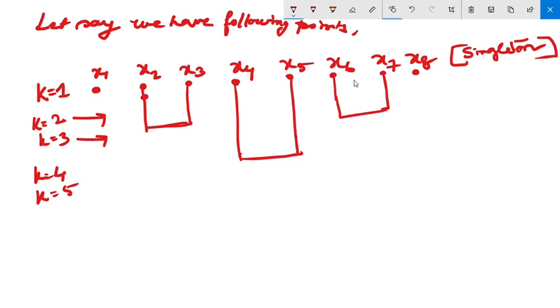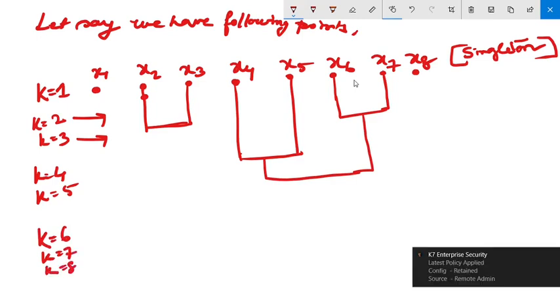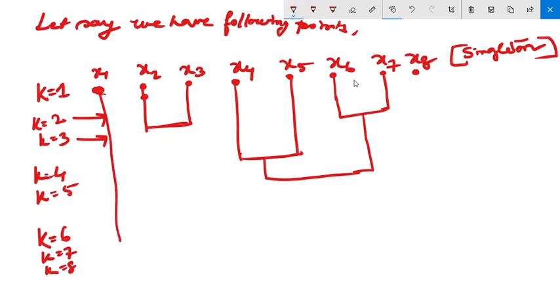and then with that, let's say x7 and x, whatever the result is, that is also getting grouped together. And then finally, k equal to 6, k equal to 7, k equal to 8, x1, and this x2 and x3, they are grouped together.